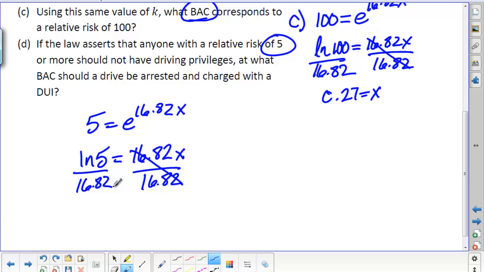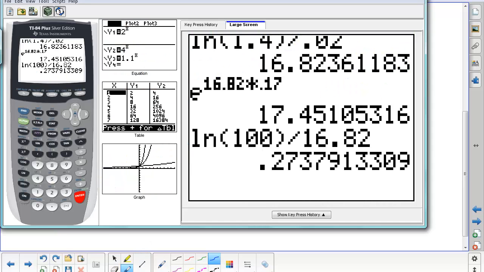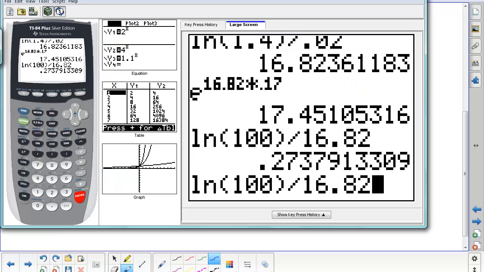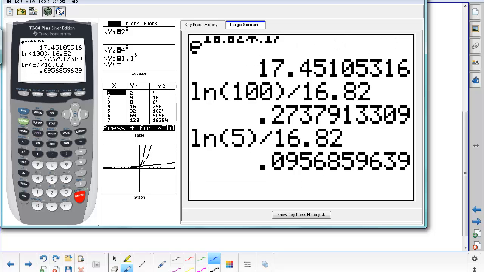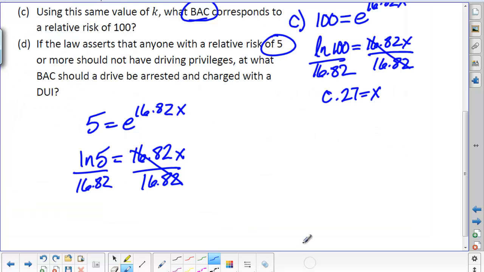And then whatever natural log 5 divided by 16.82 is our answer. I'm just going to reuse this last calculation I did. Change the 100 to a 5 and we get 0.096. So that would be the legal limit if we were to draw the line at a relative risk of 5.